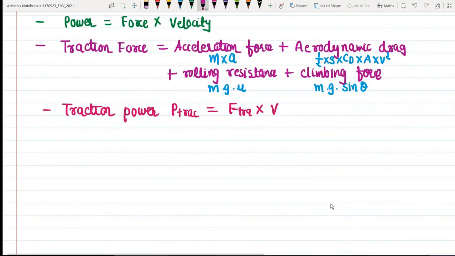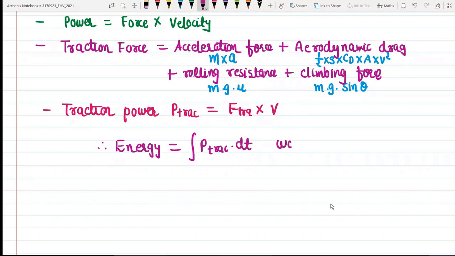So the energy is given by the integration of traction power times dt, and the unit will be watt into second. This energy is represented by watt into seconds, but generally we represent energy in kilowatt hour.